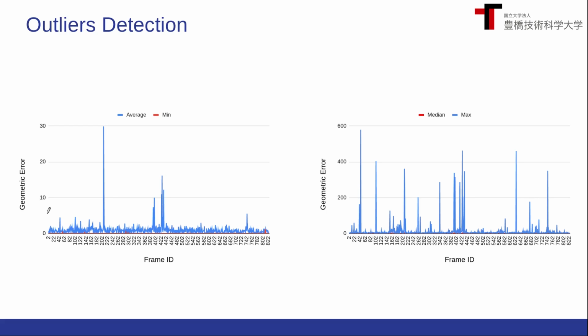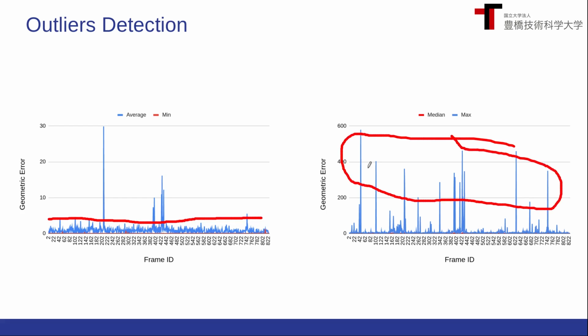We found most geometric errors are lower than 5. Values above that belong to the dynamic features.